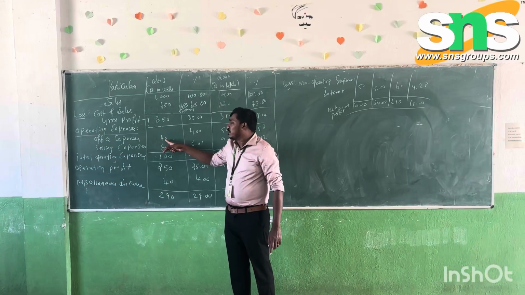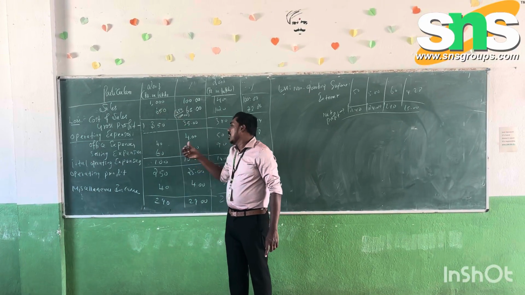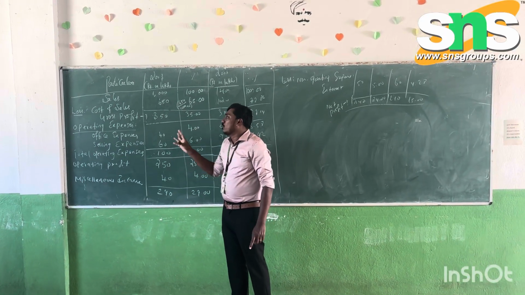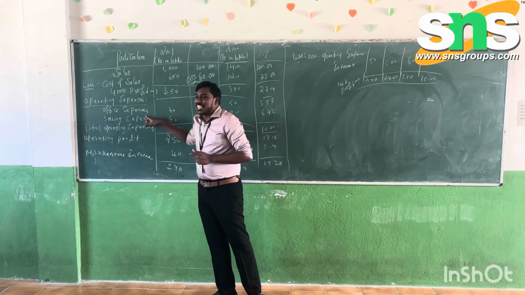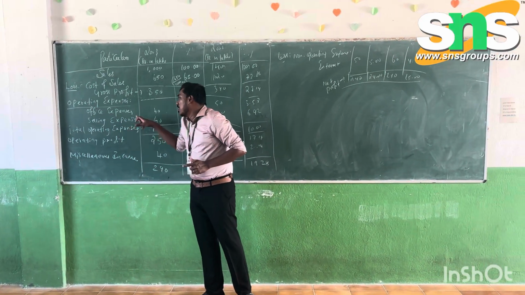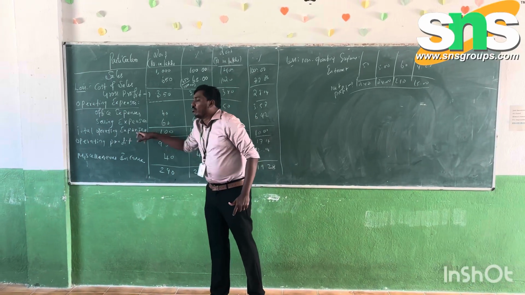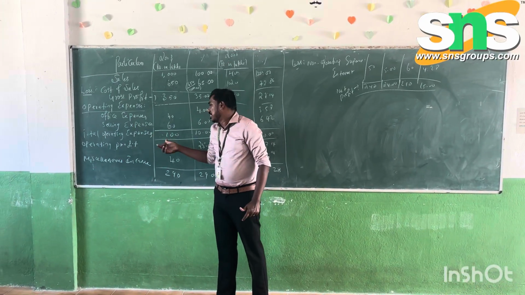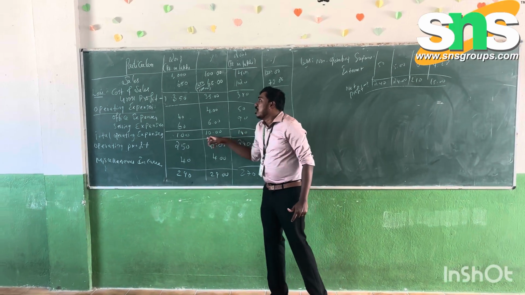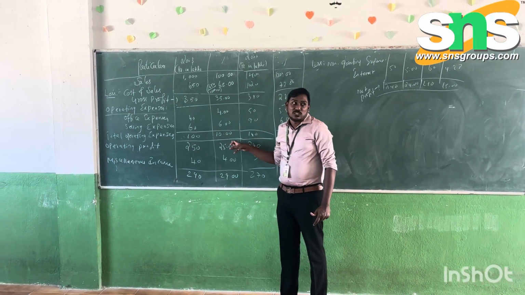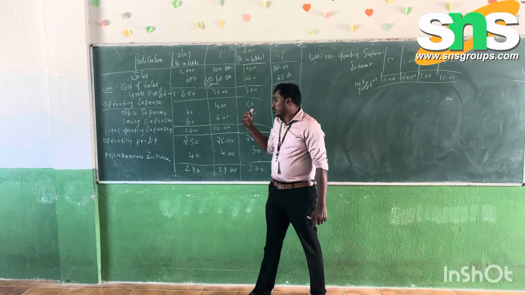We divide 40 by 1000 into 100 and get 4. We do these percentage calculations, and adding office expense and selling expense, we get total operating expenses of 500 and here also 140, with percentage trend analysis. This is the comparative statement.